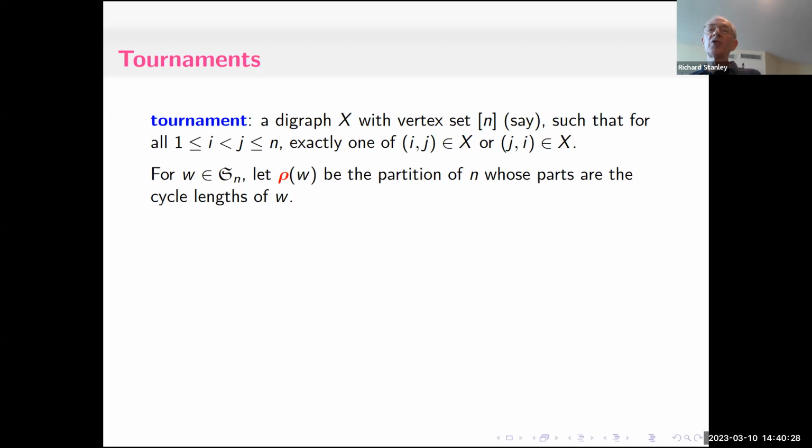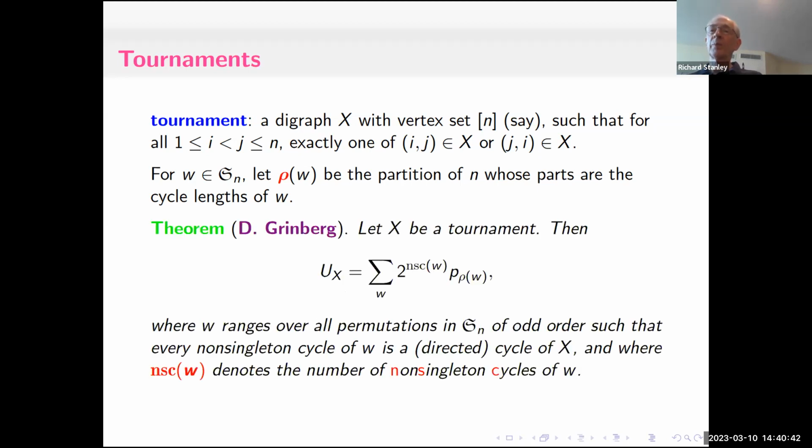Okay, now for any permutation w in S_n, we'll let rho of w be the partition of N whose parts are the cycle lengths of w. If w is the identity element, rho of w would just have N parts equal to 1. Every cycle is length 1.